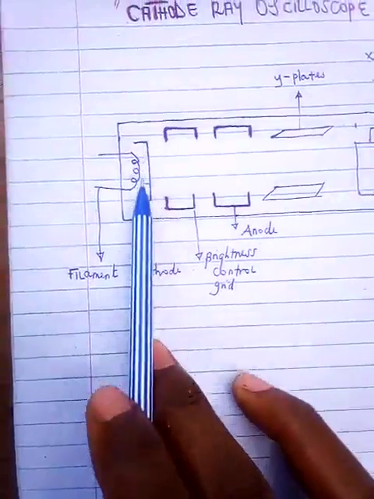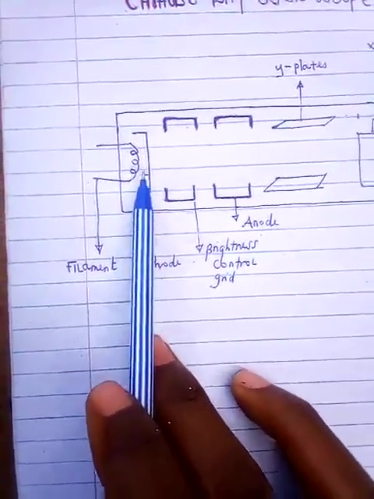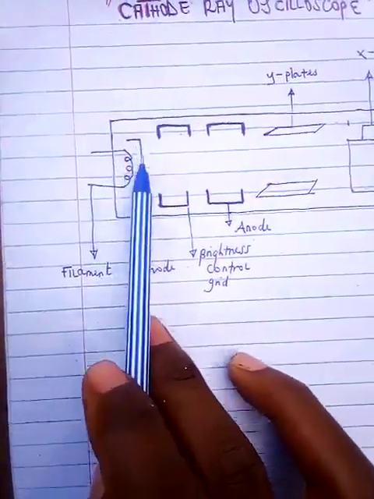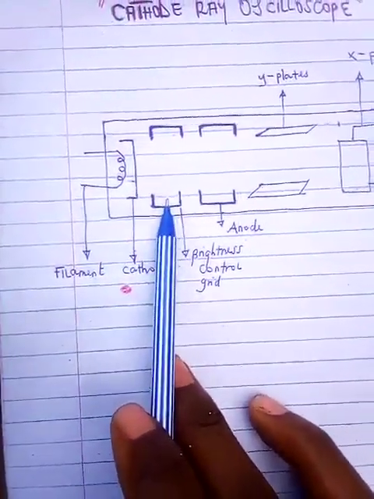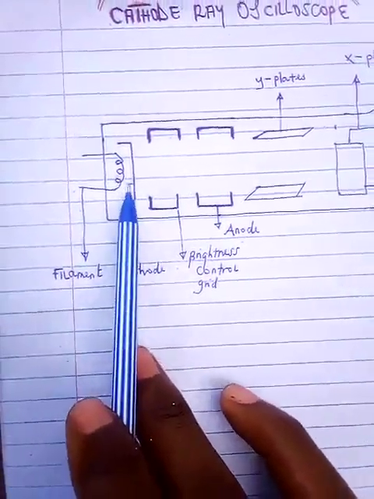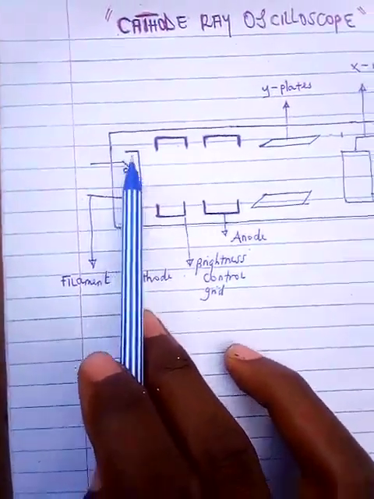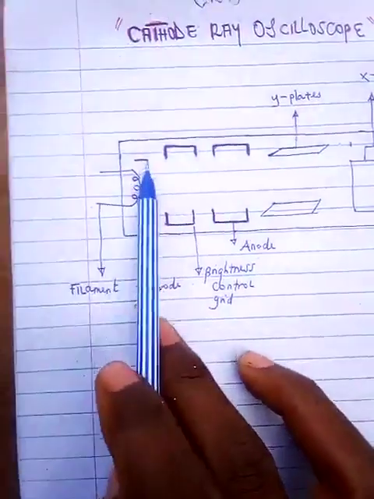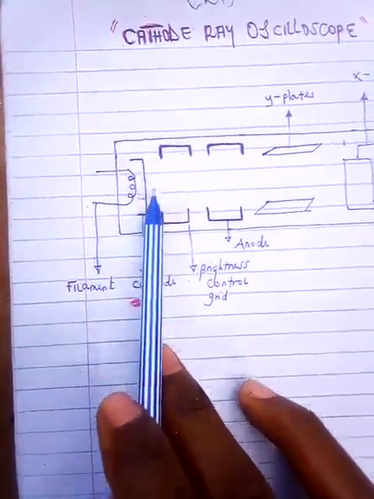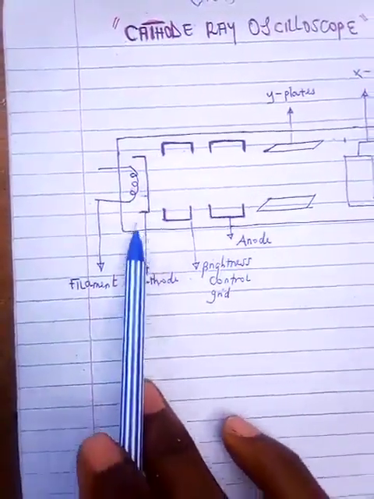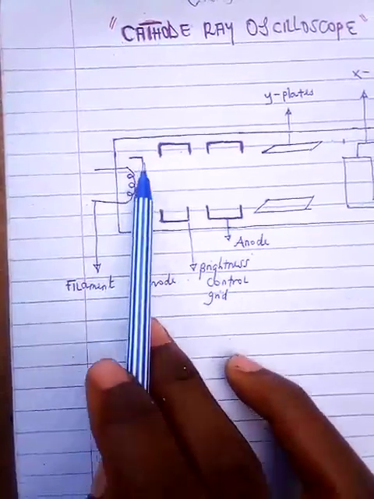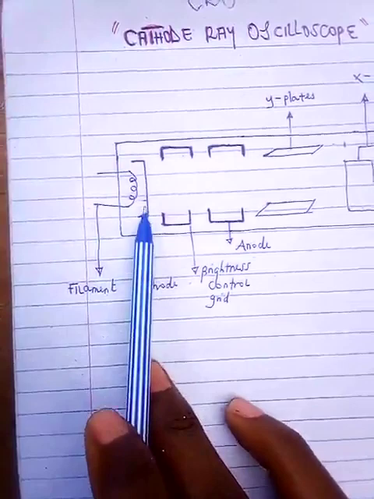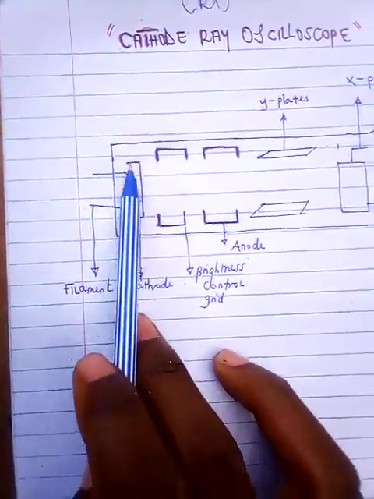Now, this cathode is a metal, and metals normally have delocalized electrons which are not fixed in the shells of the atoms. Upon being heated, those electrons gain kinetic energy.